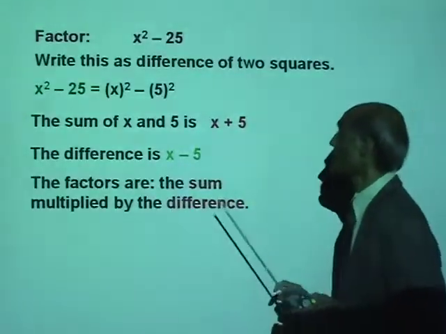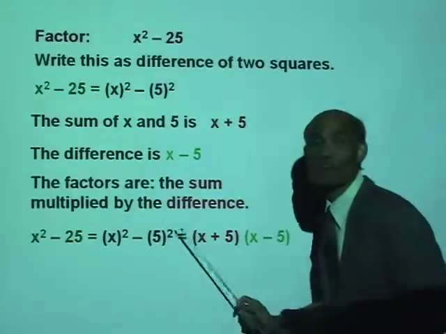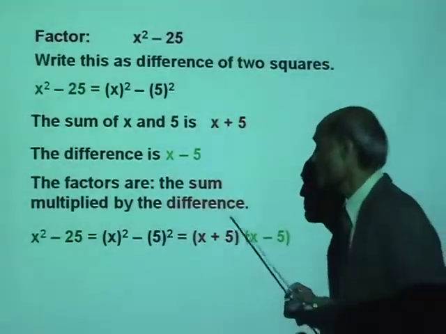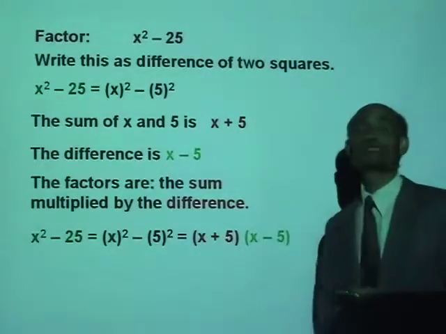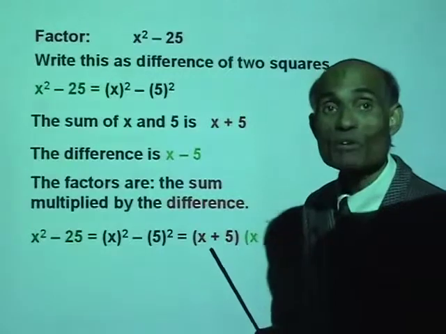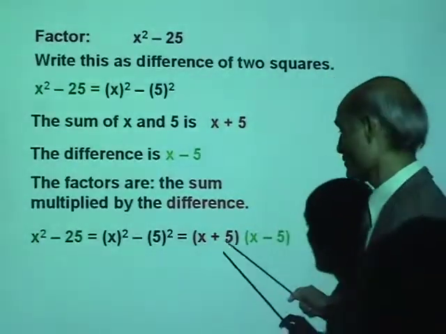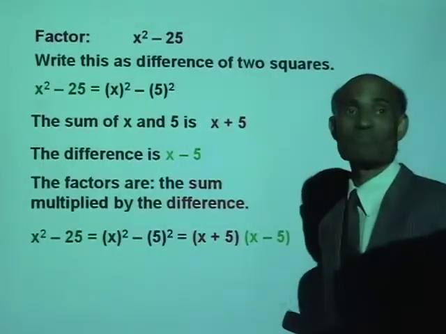Therefore, x squared minus 5 squared is x plus 5 times x minus 5. So the moment you figure out to write this as the difference of two squares, the factors become very simple.